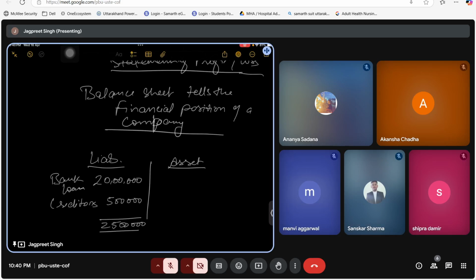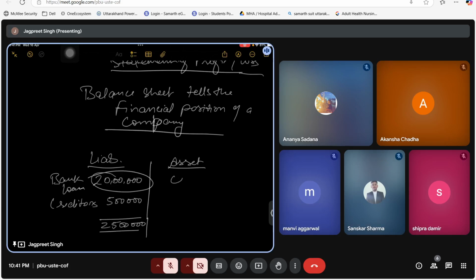And on the other side, I should have an equal amount of assets also. So if I have not used this amount efficiently, I must have used it in some wastage, or I have wasted some money in some unproductive activity, or I have used it in paying off my outstanding expenses or high interest rates.